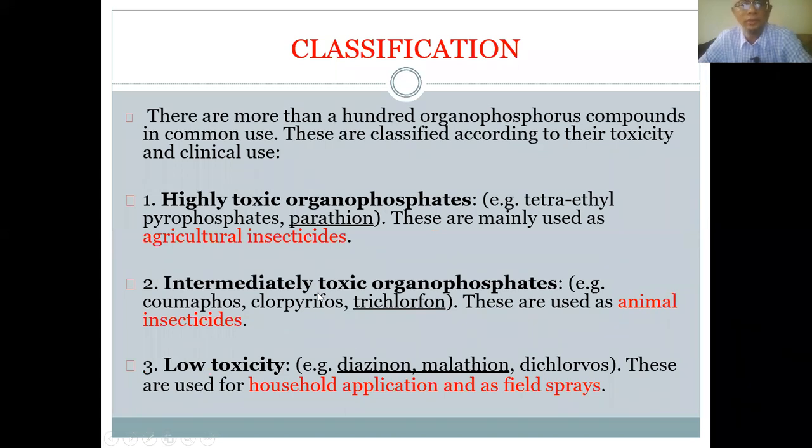The second one is intermediately toxic organophosphates, for example trichlorophon or chlorpyrifos. These are used as animal insecticides. And low toxicity ones, that is diazinon and malathion, are used in household application and field spray.